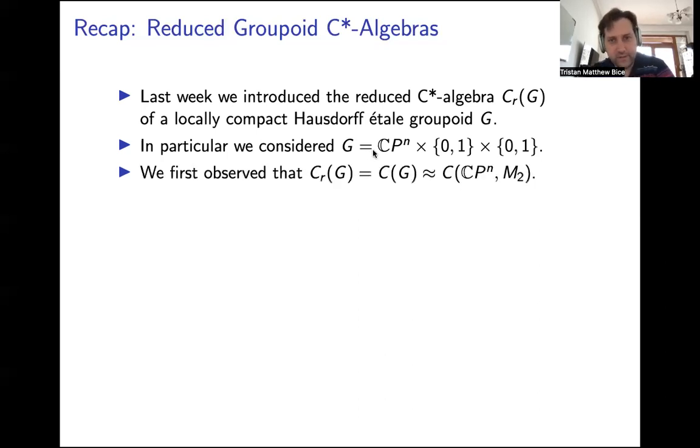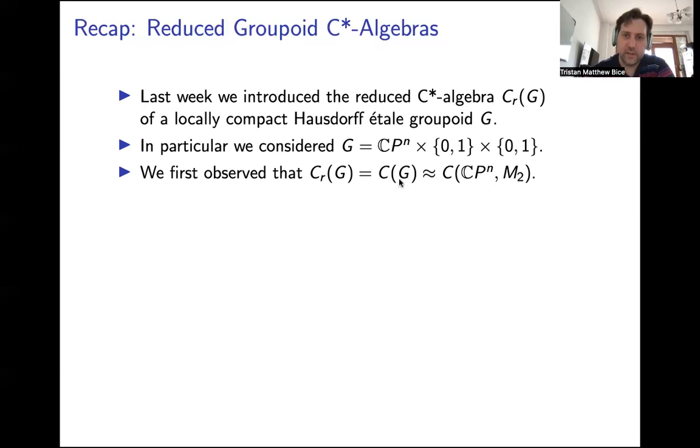And indeed, we observed very quickly that the reduced C-star algebra in this case is really just all continuous functions on G. This is a somewhat unusual example in that G is already compact. Usually you're dealing with things that are only locally compact.